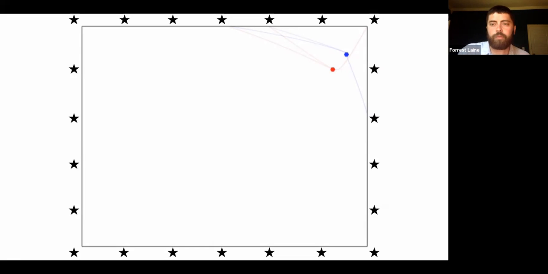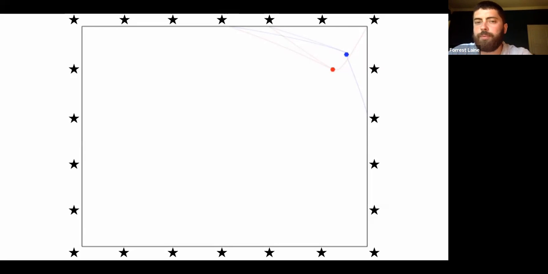Now, one of the things you might notice is that presumably both of these players could do better if they had more fine-grained options in this local corner, right? As you can see, for example, the blue player and the red player both have two trajectories moving up towards these two stars on the top of the playing field.